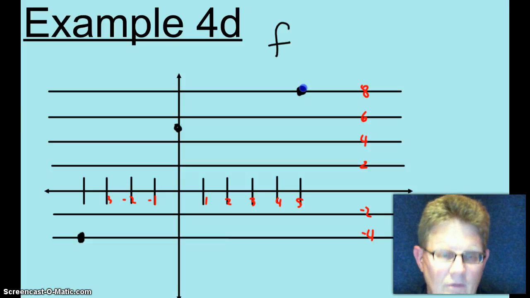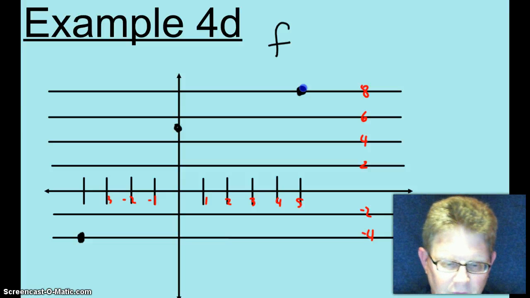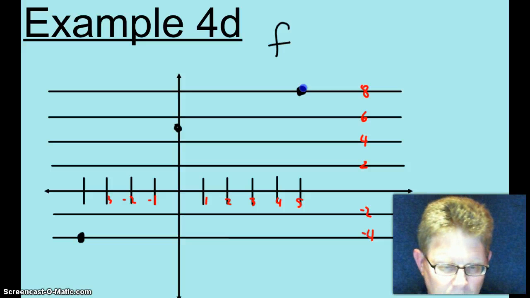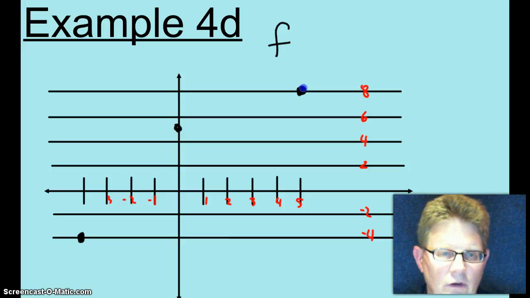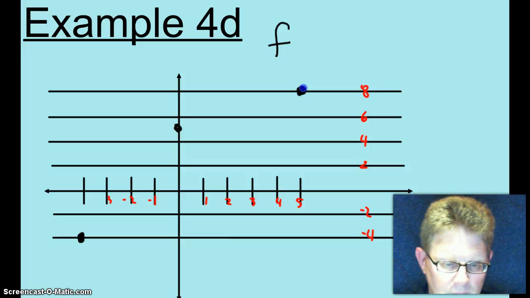Alright, now let's look at the derivative graph. From negative 4 all the way to 0, f is increasing. There is a point of inflection at 3, at negative 1, at 1, and 4.